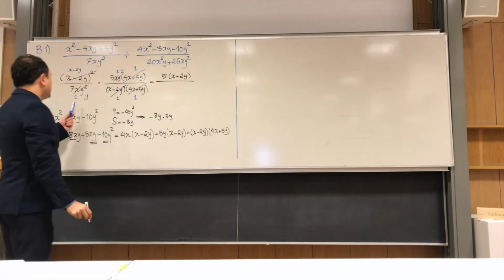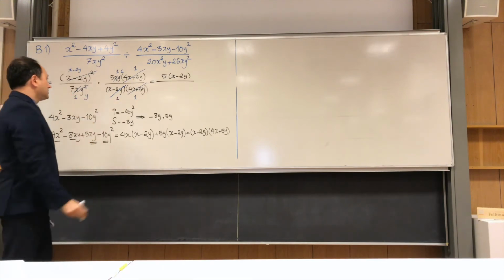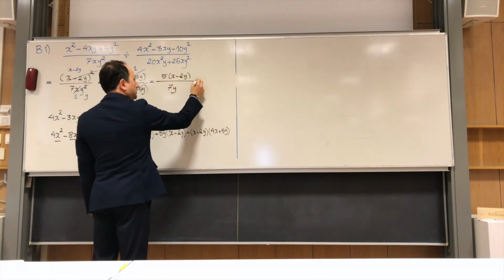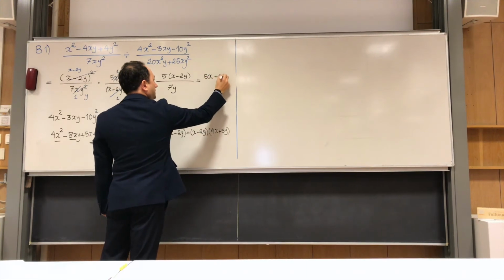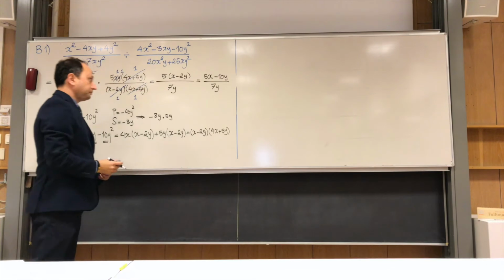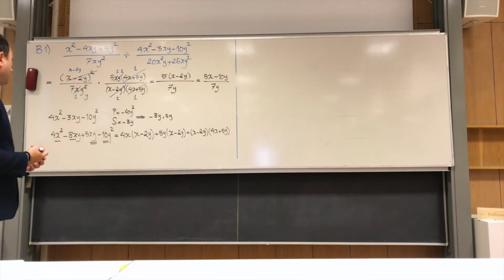In the denominator, I have 7, and I have a y. Every other thing is just 1. So it becomes 7y. And I told you that usually when nothing can be simplified more, I multiply this back. So it becomes 5x minus 10y divided by 7y. So that is the answer to this problem.